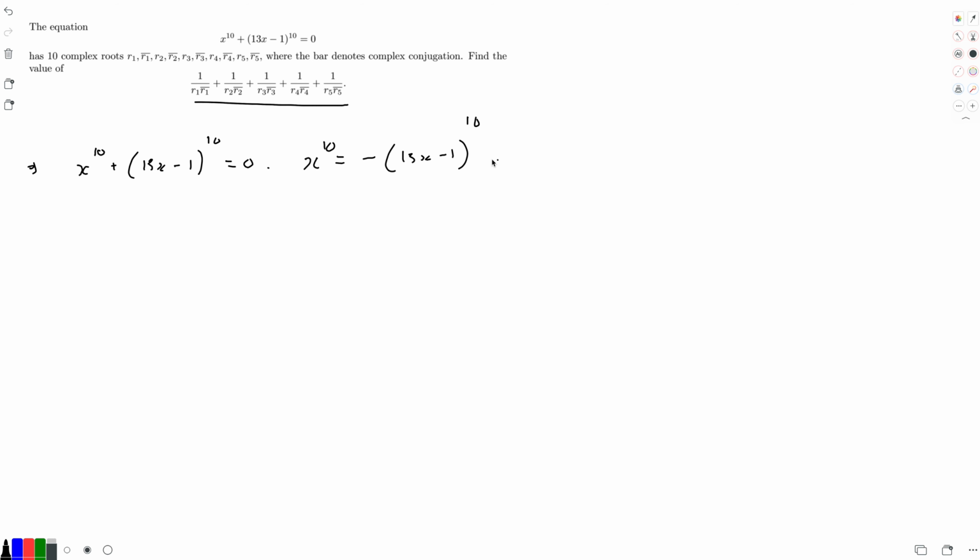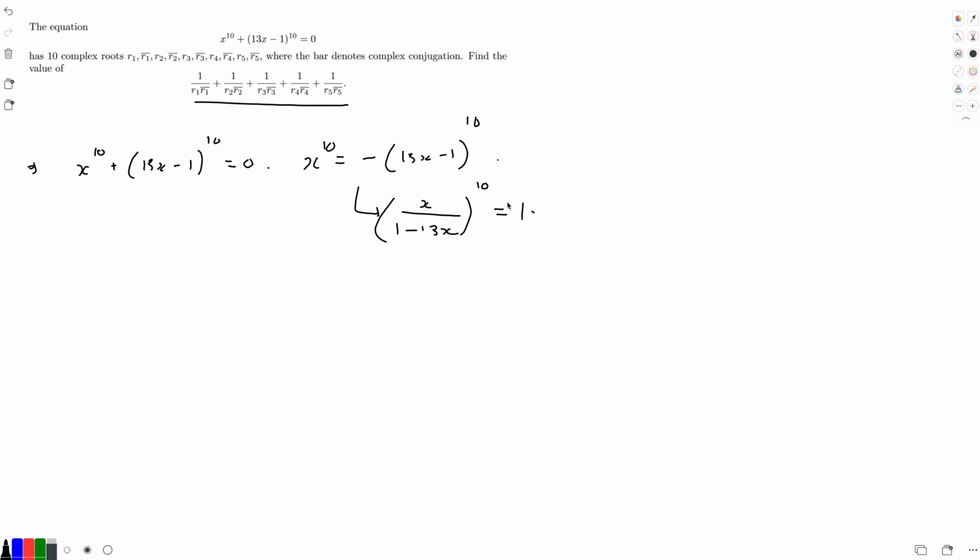And then if we divide both sides by (negative 13x minus 1) raised to power 10, and pull out the 10th power on the other side, we get x over (1 minus 13x) raised to power 10 is equal to 1, right?